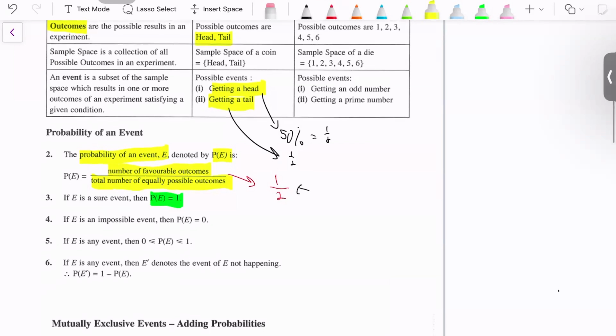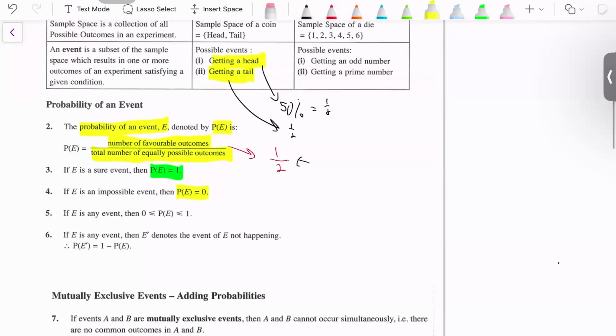So next, in an impossible event, something that won't happen, the probability will be written as 0. For example, the probability of you getting both head and tail at the same time is impossible, so it will definitely be 0. So for any event, the probability will always be within the range of 0 and 1, inclusive of 0 and 1.